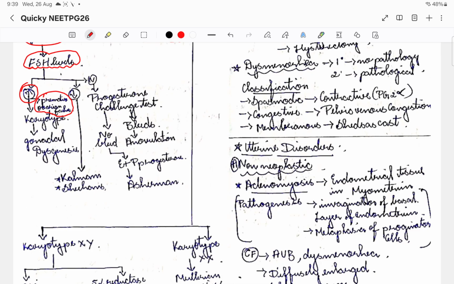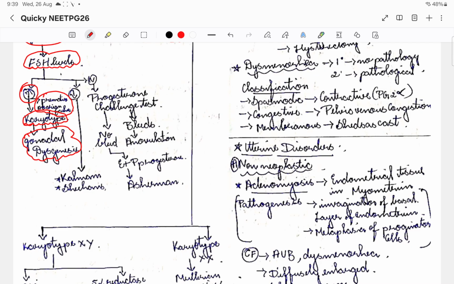Or else I'm going to go for karyotyping and decide what karyotype that particular person has. What is the reason for the gonadal dysgenesis that is happening? There might be Turner syndrome, Swyer syndrome and all these things. That is how I'll diagnose. So this is when the FSH level was high.